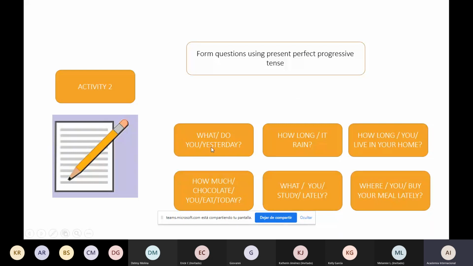Here you have the words that you have to use. What do you yesterday? Okay, if we are going to form a question using the present perfect progressive, how would we use these words?